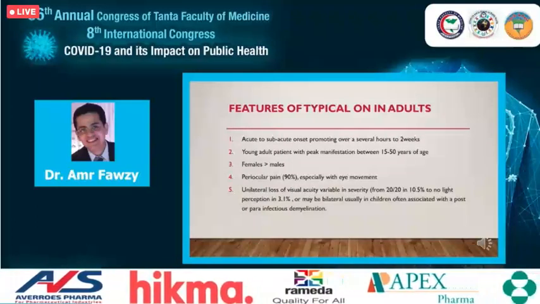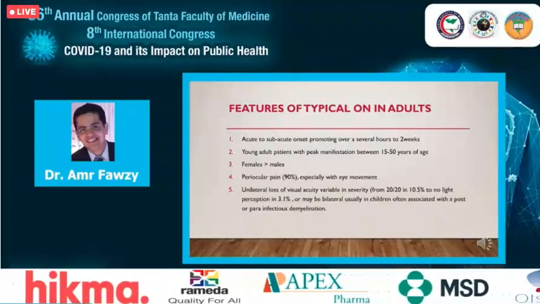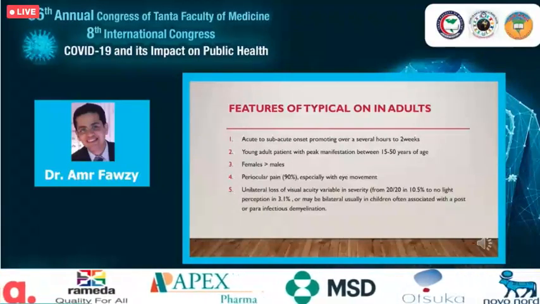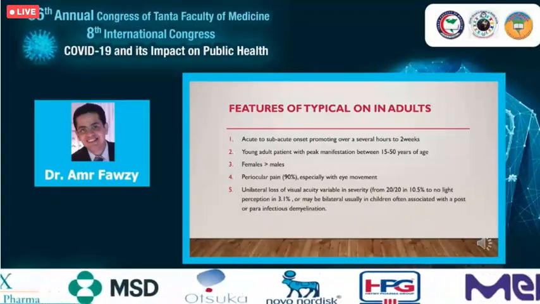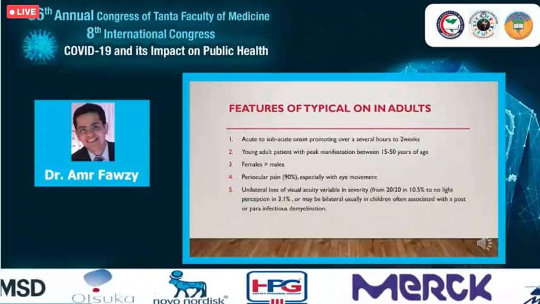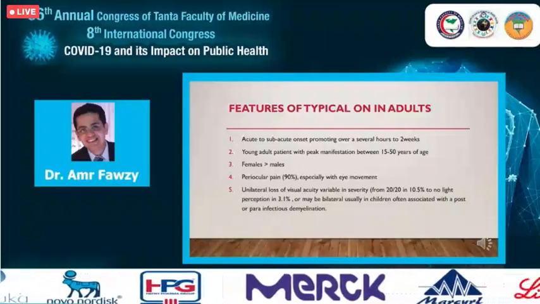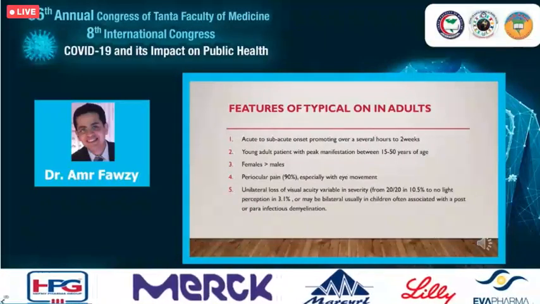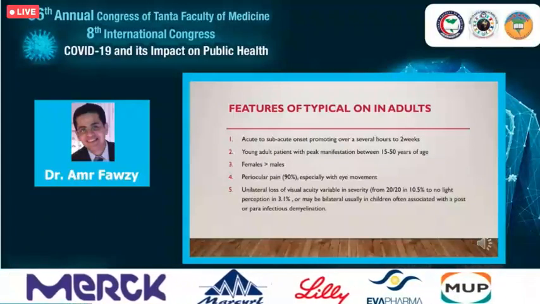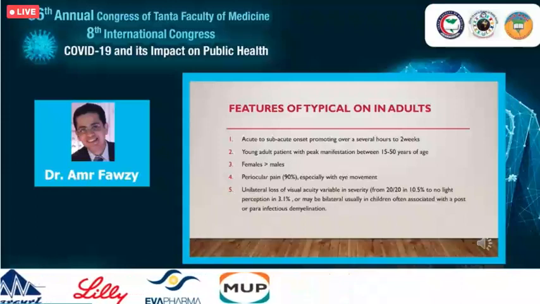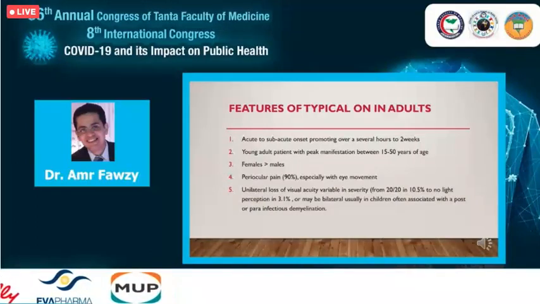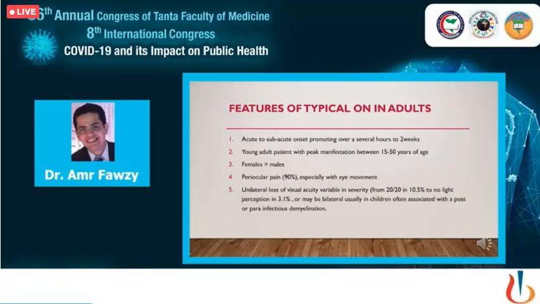Young adult patients with peak manifestation between 15 and 50 years of age, and it occurs in females more than males. The periocular pain in 90% of cases, especially with eye movement. Unilateral loss of visual acuity, variable in severity from 20/20 in 10.5% to no light perception in 3.1%.